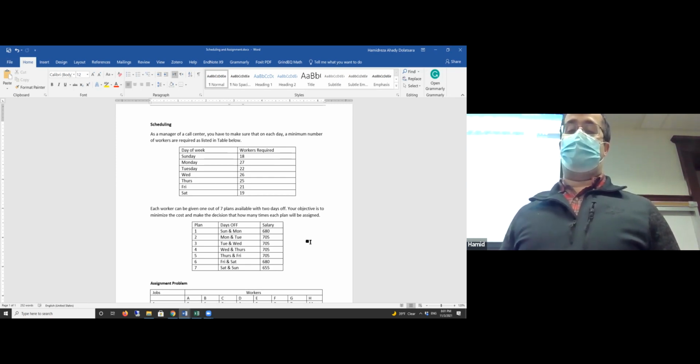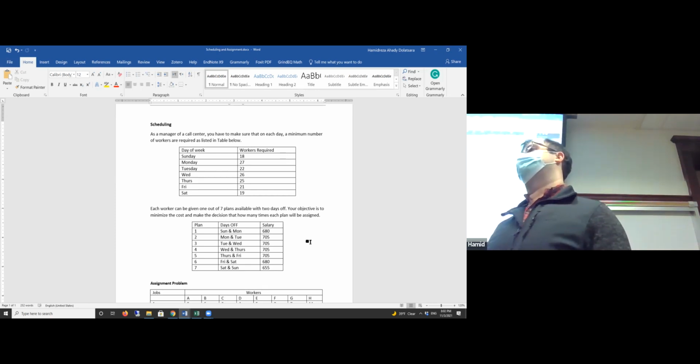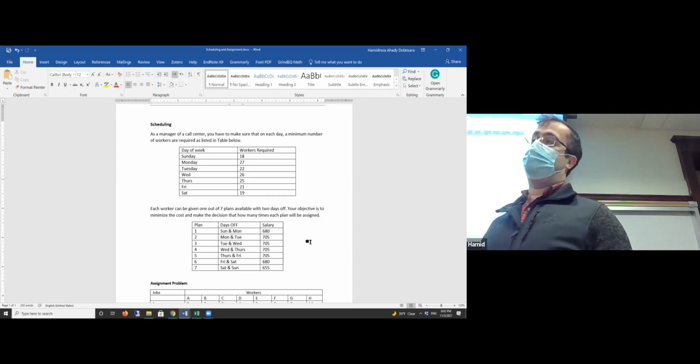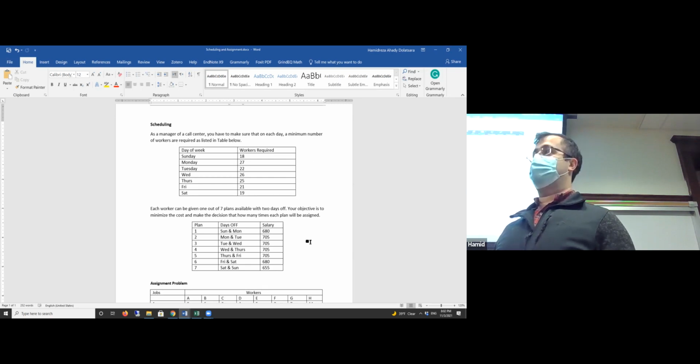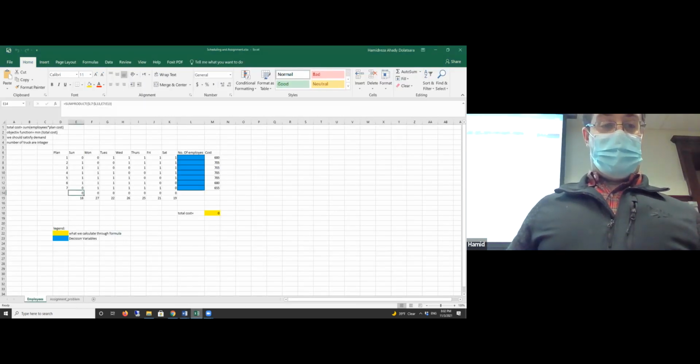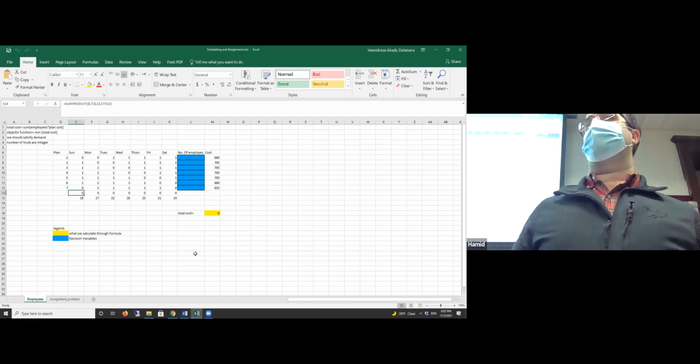And your constraint is also very straightforward. You have different amounts of workers on each day. And the objective function, I think, is also very straightforward. You need to minimize the cost. So having said that, open the second Excel file.